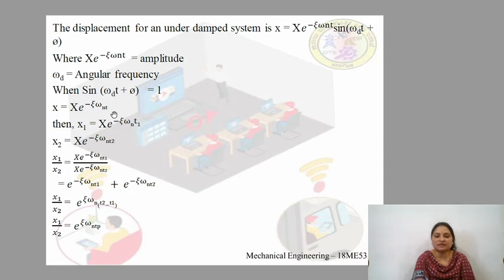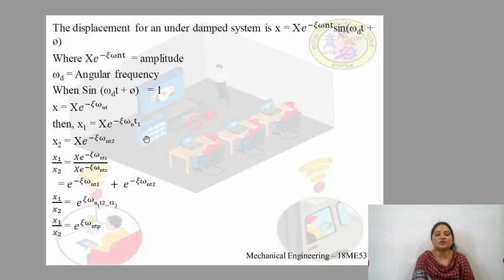If this is the equation, then we can write for the first amplitude x1 equals X e to the power of minus zeta omega n t1, when time is t1. When the amplitude is x2, it is x2 equals X e to the power of minus zeta omega n t2, when time is t2.